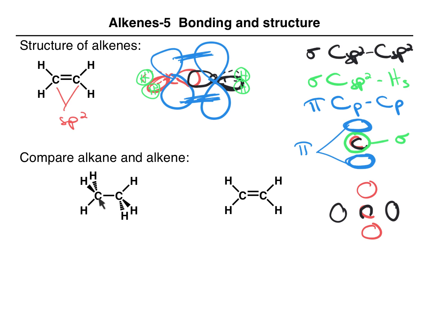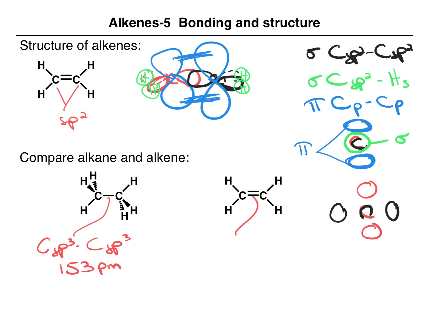Now let's compare a little bit more about the structure of an alkane and an alkene. Looking at our carbon-carbon bond, when we have a carbon sp3 overlap with the carbon sp3, this has a bond length of 153 picometers.